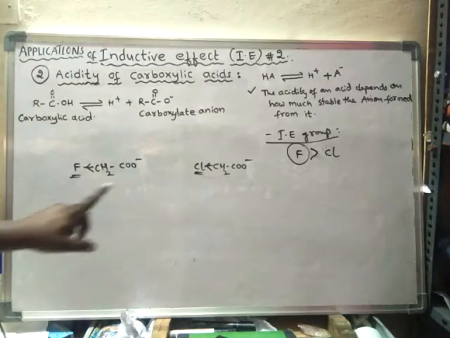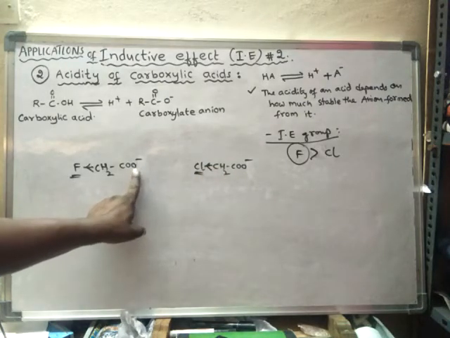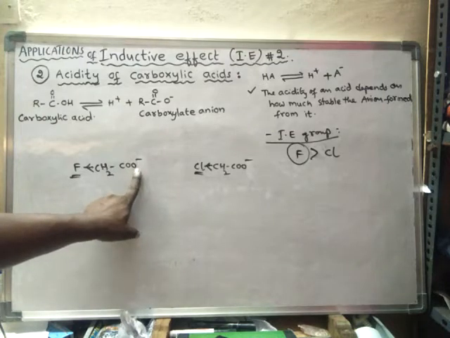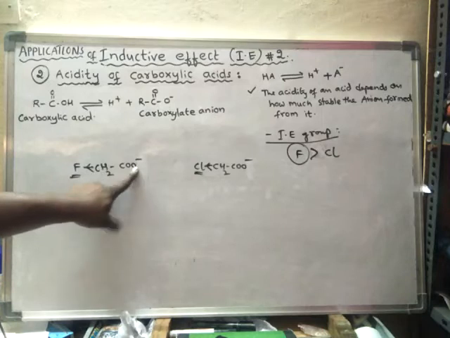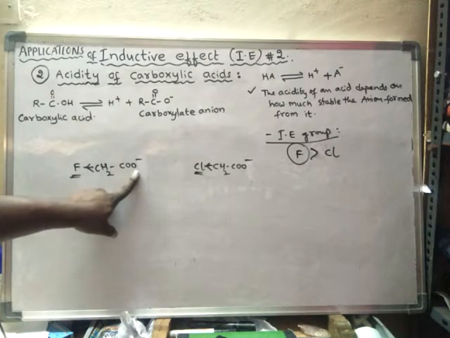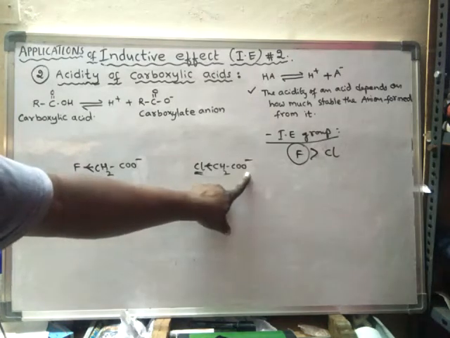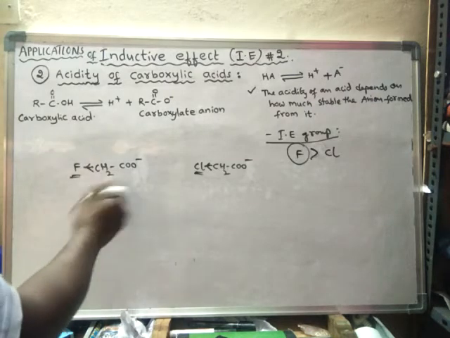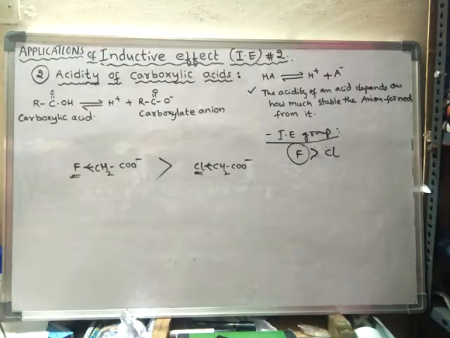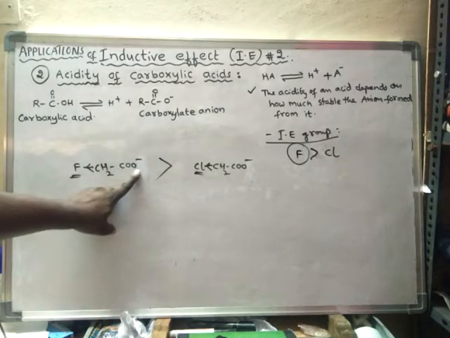So the decrease in negative charge on this oxygen is much more when compared to the decrease in negative charge on this oxygen. Whenever the negative charge on an anion is decreased, its stability increases. So this one is more stable than this one, because there is a greater decrease in negative charge on this oxygen.